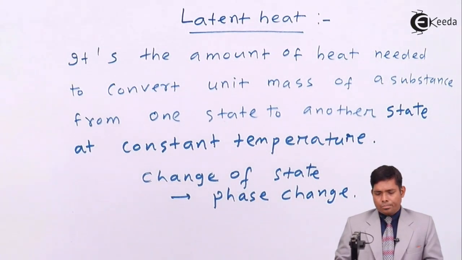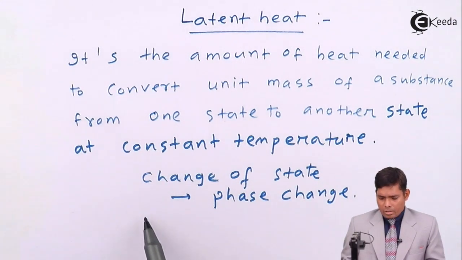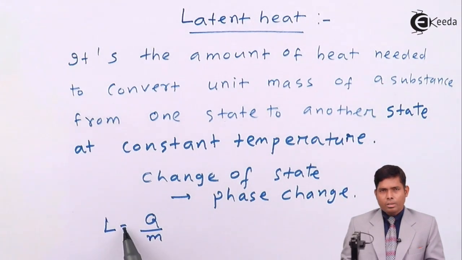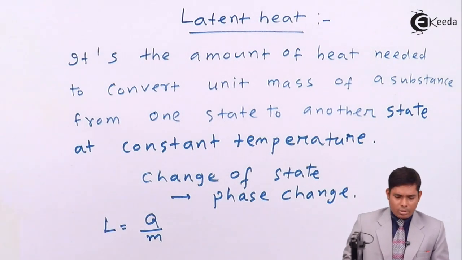So what will be its unit? Heat required per unit mass. This is represented with L. L is Q by M. So this L is latent heat.